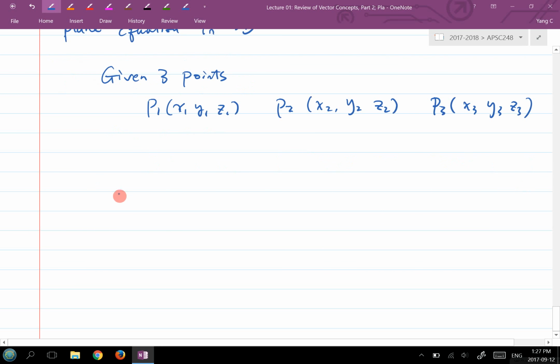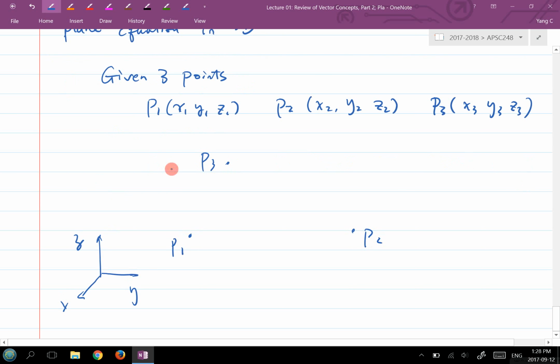I'll try to illustrate this. See that this is P1, then P2 here, and P3 here. So this is the known condition. I have 3 points, and 3 points will uniquely determine a plane.